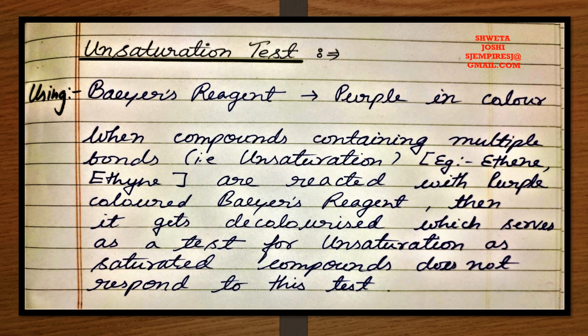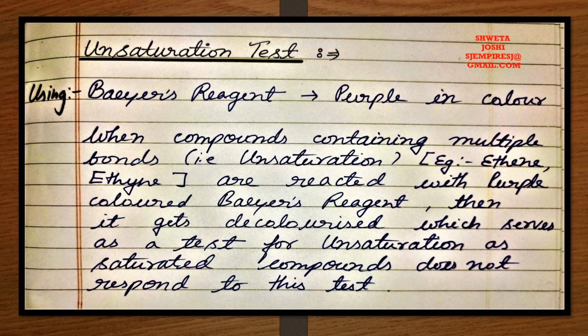The reaction of Bayer's reagent with unsaturated compounds containing double or triple bonds serves as an unsaturation test. This is because in this reaction, the purple color of KMnO4 gets decolorized and you will obtain a colorless solution at last.